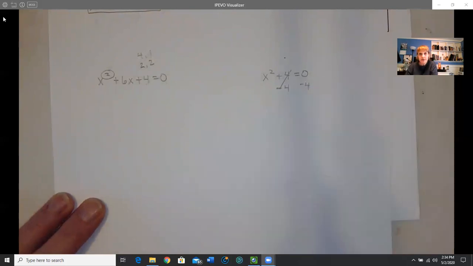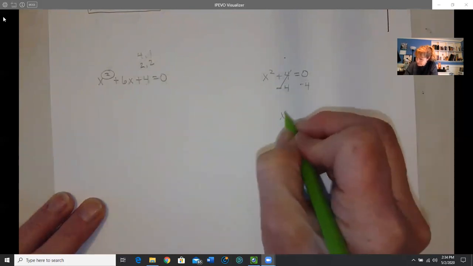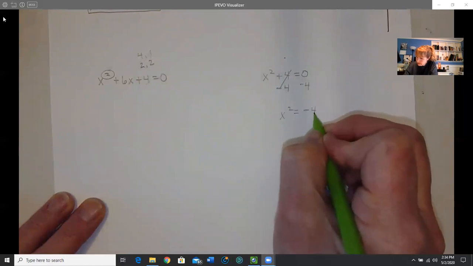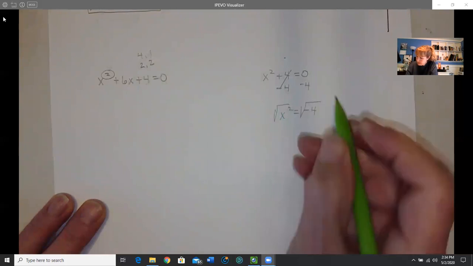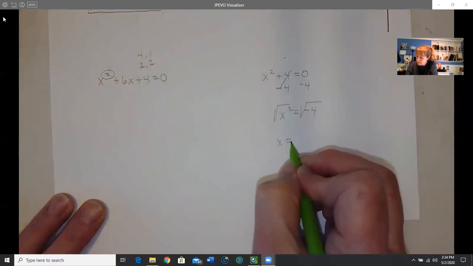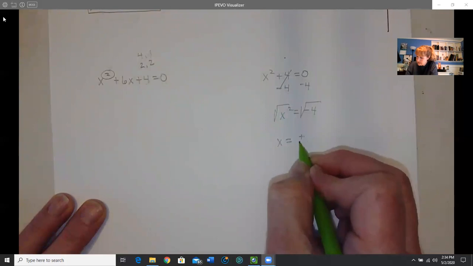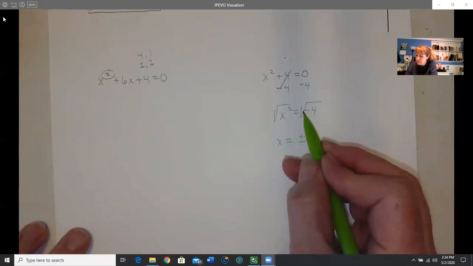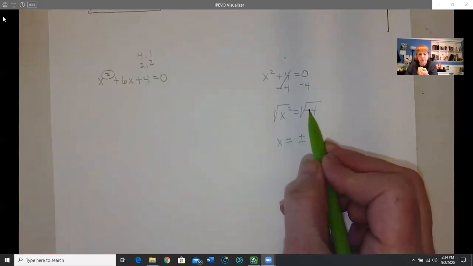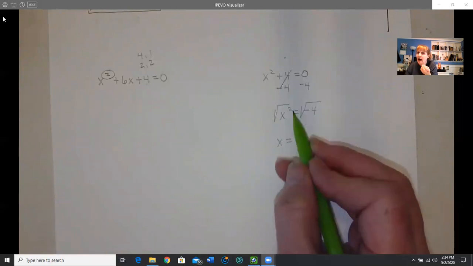So we're going to isolate the x squared. And then we're going to take the square root. So x equals, well, we've got our plus or minus the square root of negative 4. The square root of 4 is 2, but that negative inside the square root, we learned in section 10.8, when you have a negative inside of a radical within the complex number system, it comes out as an i.